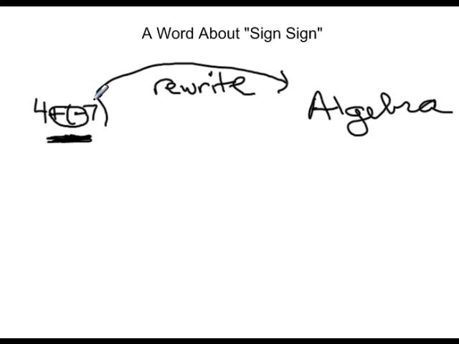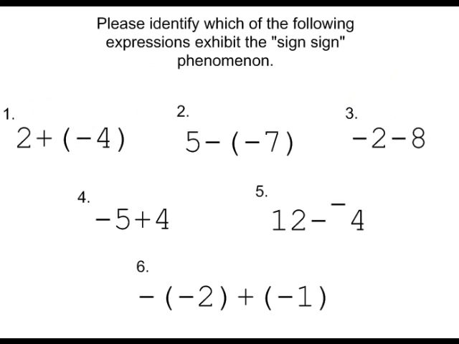Okay? So let's take a look, for instance, here by trying to identify it. So here we have, please identify which of the following expressions exhibit the sine-sign phenomenon. Well, if we look here at number 1, it says 2 plus negative 4. That's a situation where we have these two symbols.